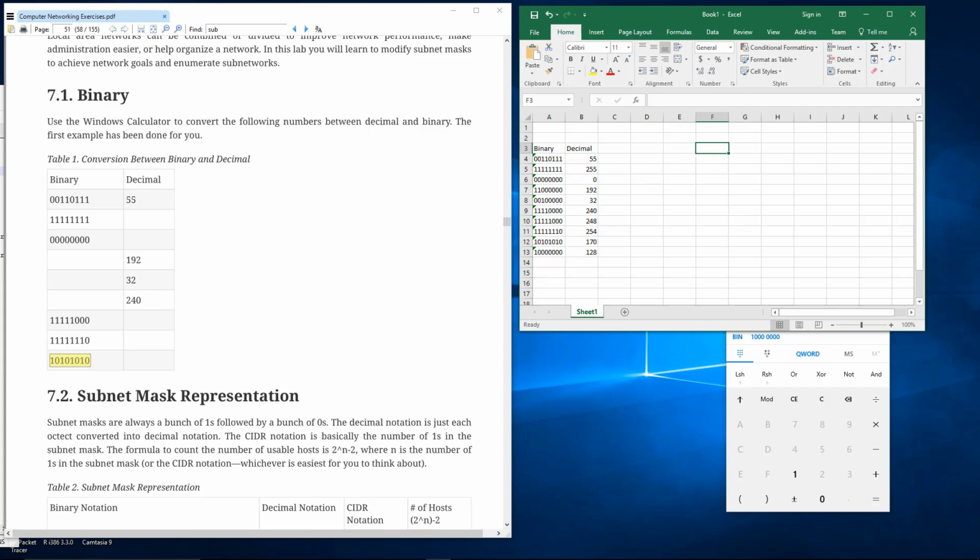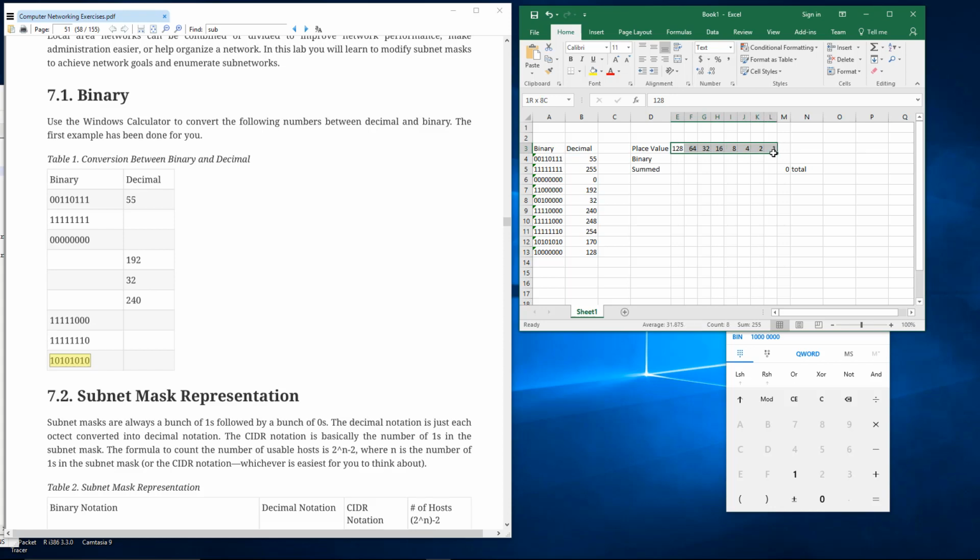I'm going to pause the video just for a second to create a table. Okay, so I've created this table here with the place value. I've got 8 columns here, 1, 2, 3, 4, 5, 6, 7, 8. That represents each of these binary digits in this octet.